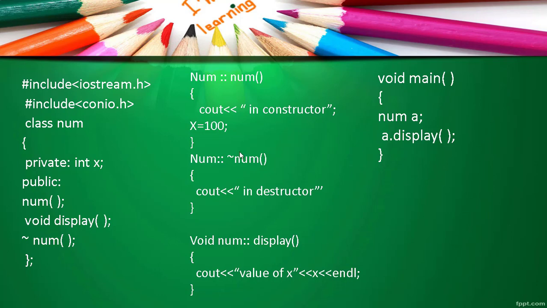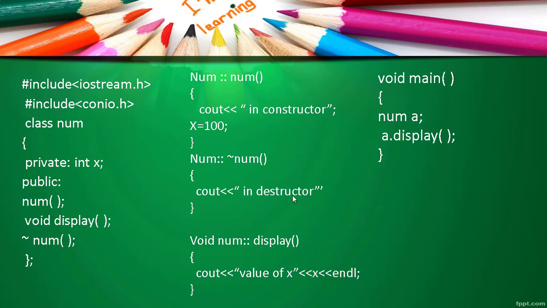Once all these statements are completed, the destructor gets invoked automatically, and this statement will be executed, that is num is the class name, scope resolution operator, and ~num. So this ~num is the destructor which has been used, cout in destructor.